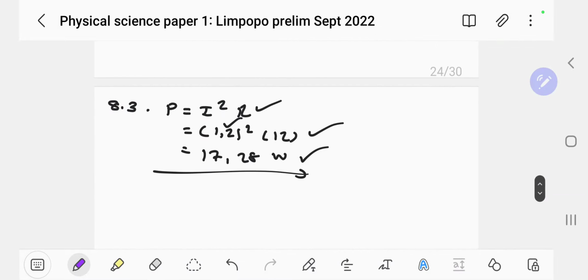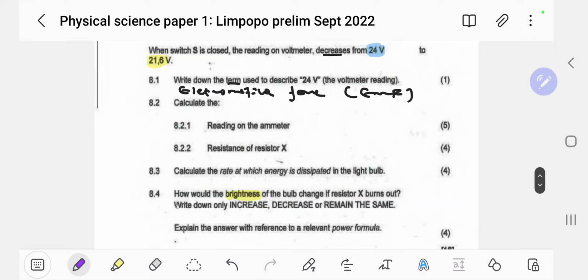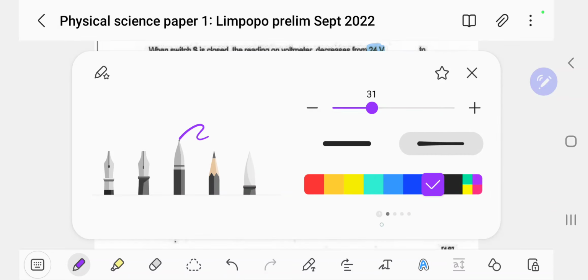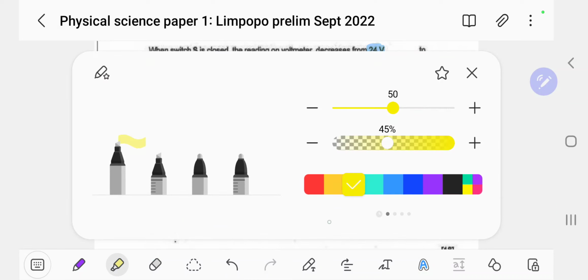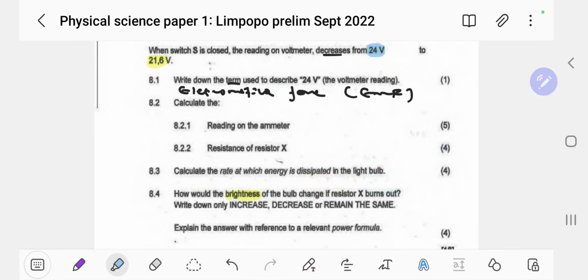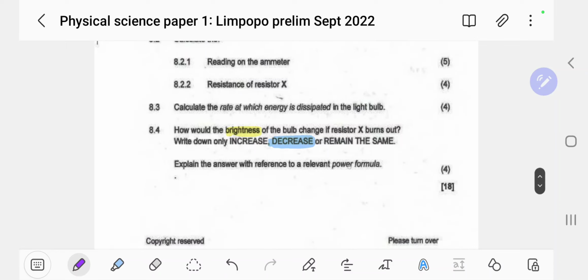Okay, not a problem. So what is the story now? It says, how would the brightness, increase, decrease, remain the same? So you and I already agree that this will effectively decrease because we lost the current. The brightness will have something to do with the current. All right, so it will decrease.